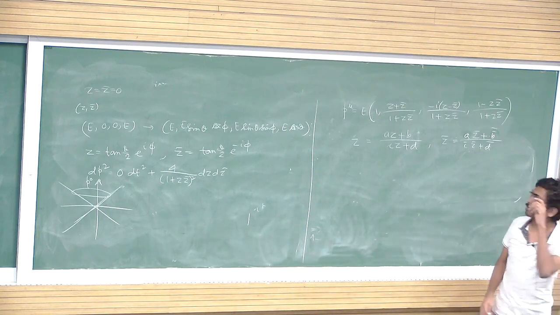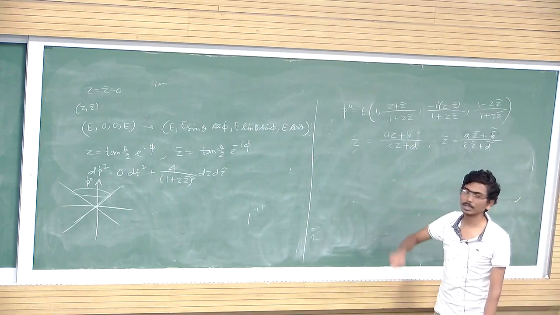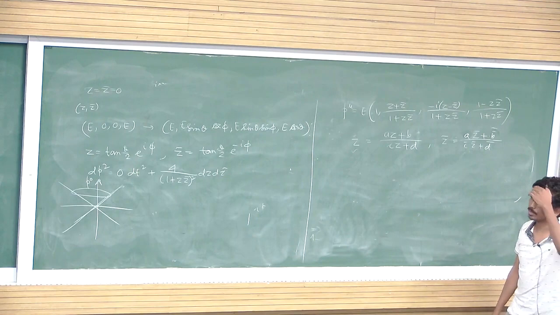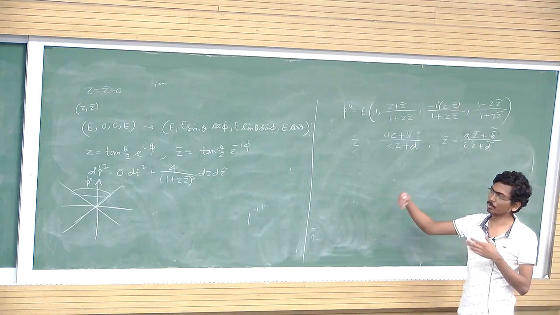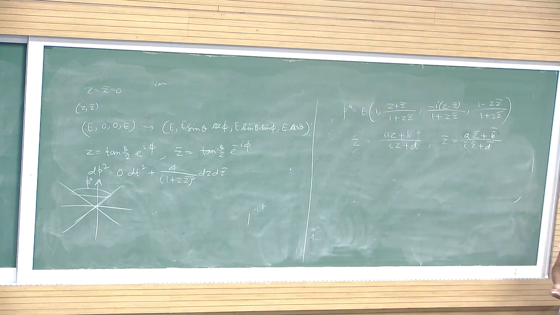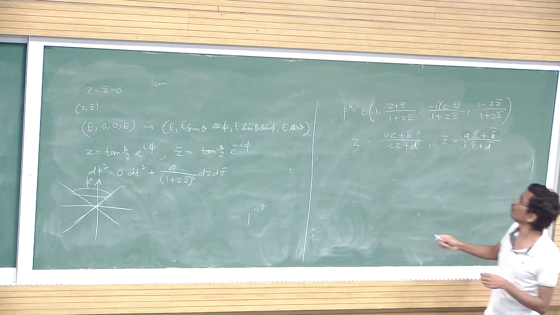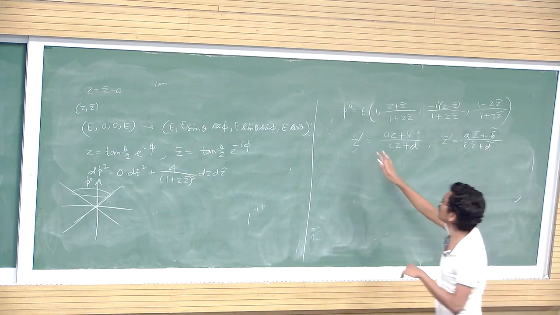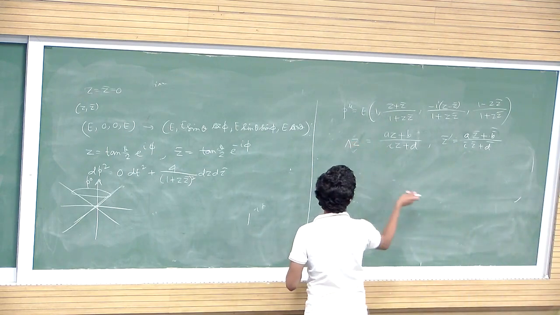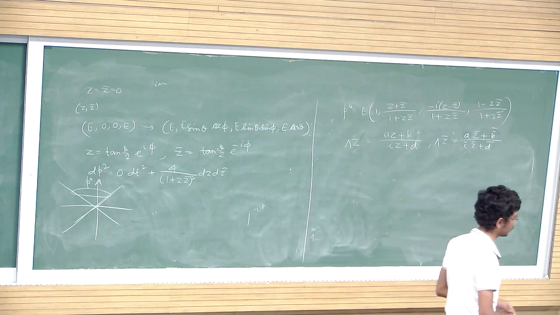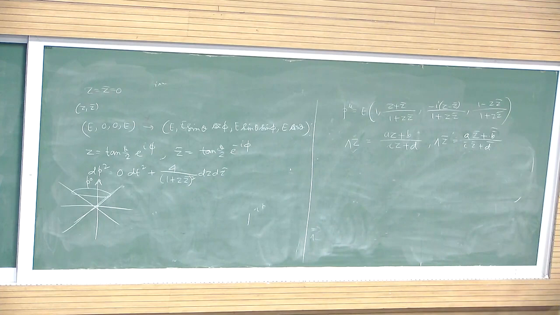Let me call it lambda z, where lambda means the Lorentz transformation. So these z and z bar are basically the coordinates on the celestial sphere.